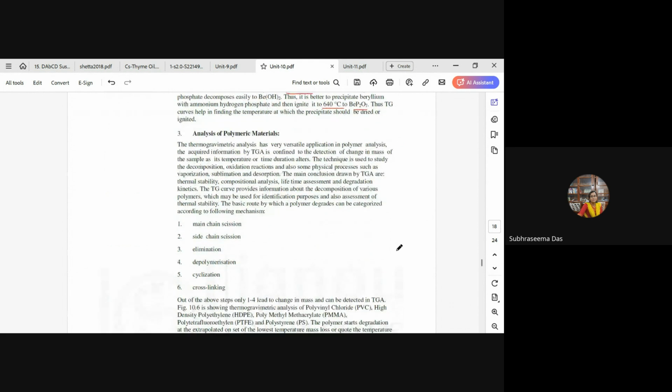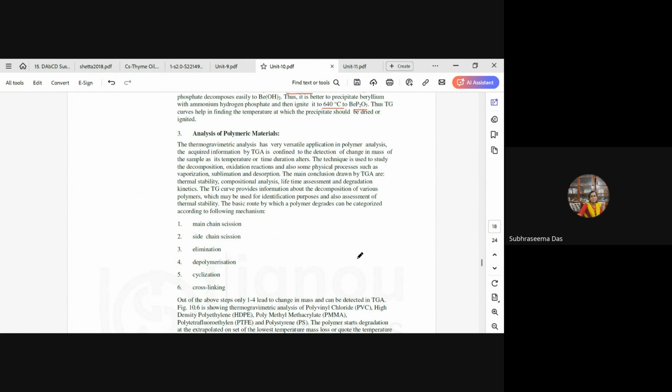Then coming to the use of TG curves in the analysis of polymeric materials. Thermogravimetric analysis has wide applications in polymer analysis. It is used to study the decomposition, oxidation, and different types of physical processes occurring inside a polymer.